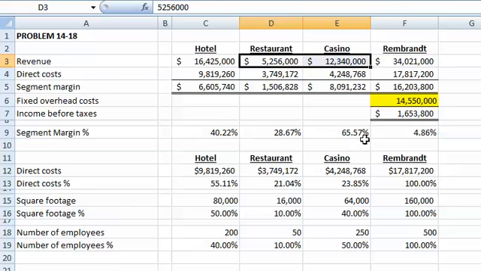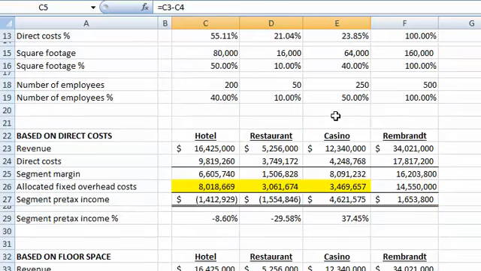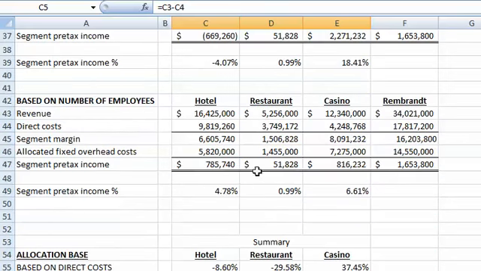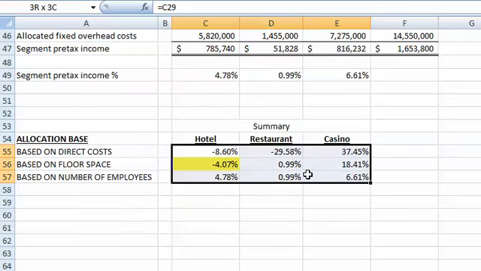One thing we can say for certain in terms of performance evaluation, we're probably best evaluating our managers on the basis of segment margins rather than our after-tax, after allocation segment margins, because our choice of allocation base is somewhat arbitrary, and we're going to get a lot of pushback from these managers.